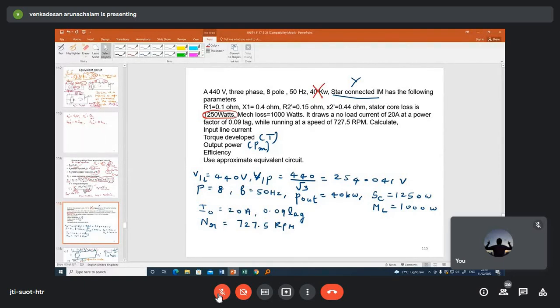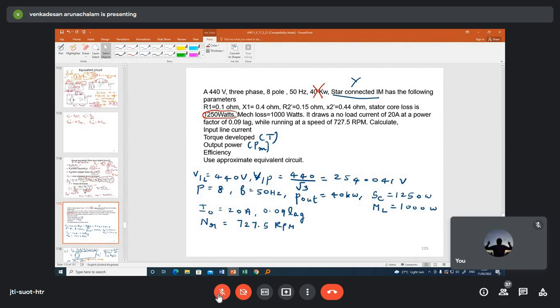This is very much similar to a transformer. Here also you have no load current. Every machine will have no load current to meet the core loss and mechanical loss. While running at a speed of 7 to 7.5 RPM, that is the rotor speed, you need to calculate input line current, torque developed, and output power, that is PM.